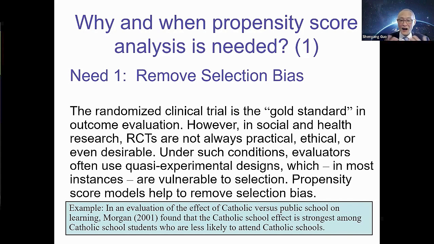He studied whether or not Catholic schools have true capacity to promote students' academic achievement and learning capacities. There are many selections if you think about entering Catholic schools or private schools in general, versus entering public schools.